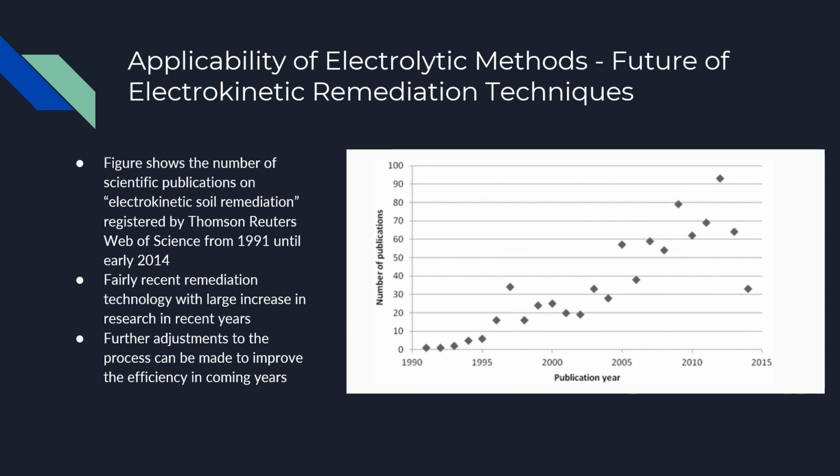From 1990 to 1991, there were 0 publications, and now looking closer in the range of 2010 to 2015, we hit over 90 publications. This just shows that looking at the future of electrokinetic remediation techniques and its future applicability, further adjustments to the process can be made to improve the efficiency in upcoming years.